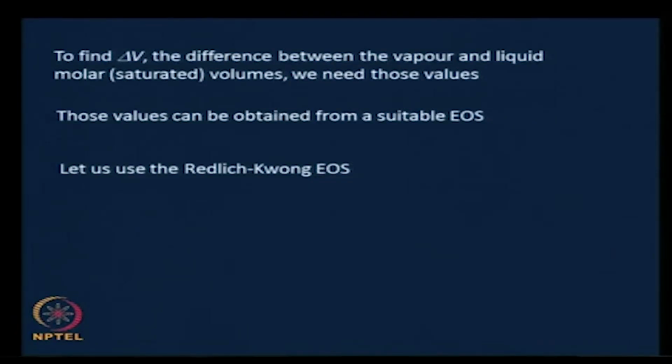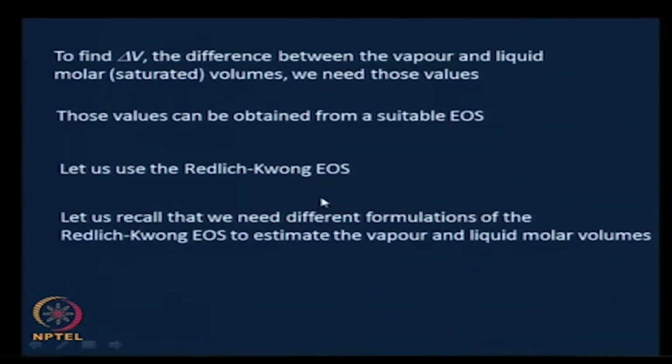For this particular problem, since we have seen the Redlich-Kwong equation of state earlier as an improvement over the initial equations of state, we will use the Redlich-Kwong equation of state here.